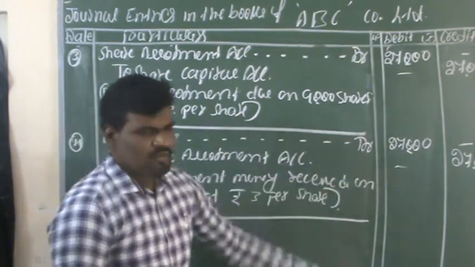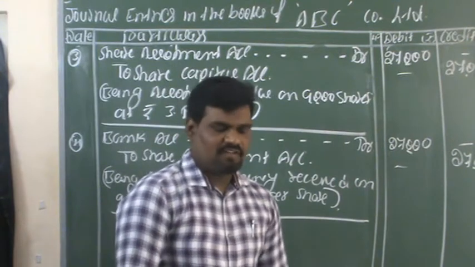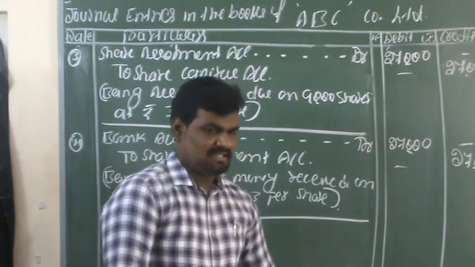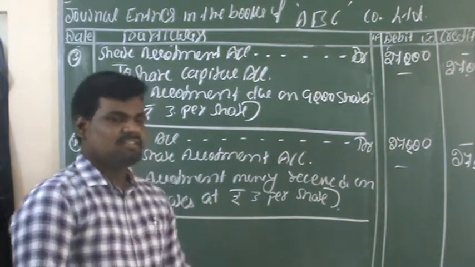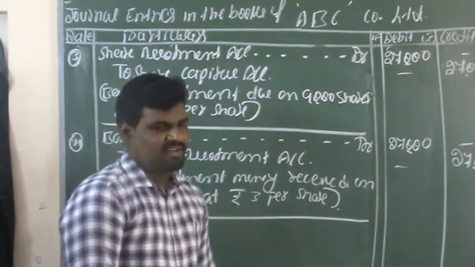So as of now we are finished with two stages: the first stage, application, and the second stage, allotment. The next stage is the first and final call.